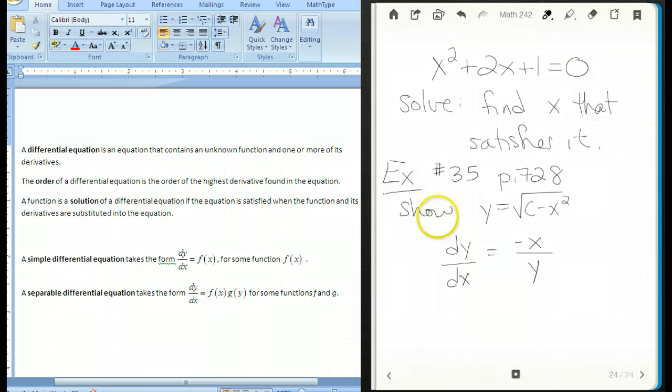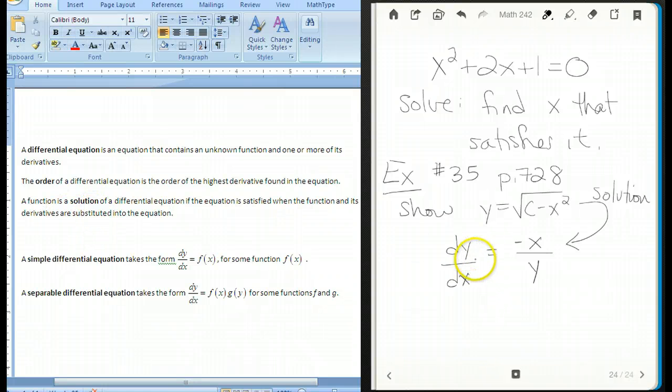So how do we show that this function, y equals square root stuff, is a solution to this? Well, remember what it means to be a solution. It means that when you plug in the function and its derivatives, it works. It satisfies the equation.